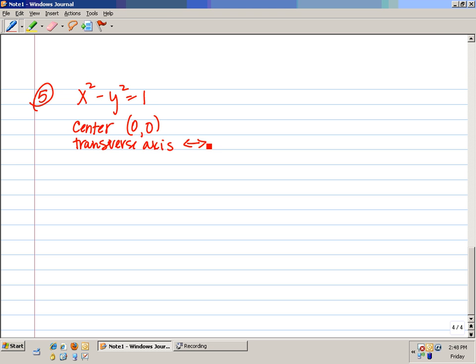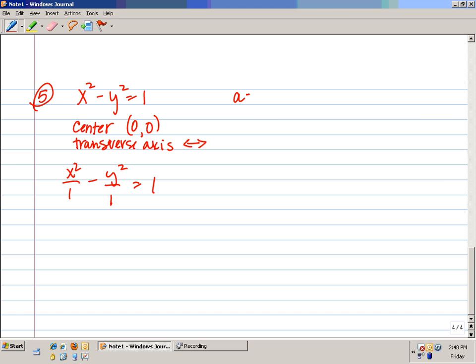Okay? Now, sorry, just looking at my notes. So I'm going to rewrite this real quick so you can see what was actually throwing me off, because I didn't have my denominators. That's where I got confused about a and b.